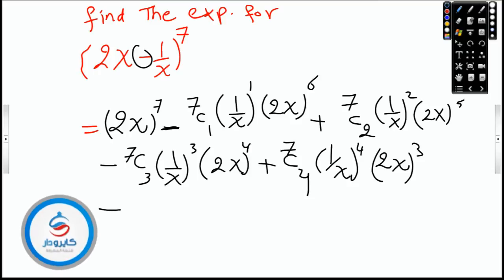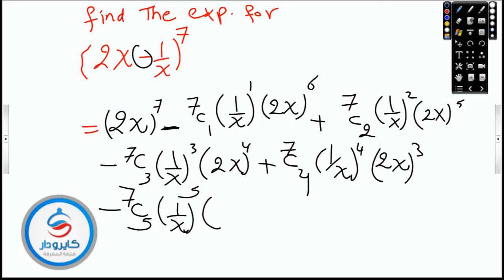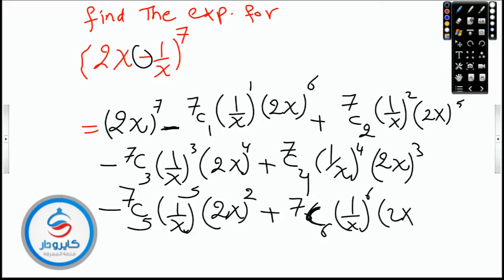Positive, the following is negative. 7c5 1 over x to the power of 5 multiply (2x) to the power of 2. Positive. 7c6 1 over x to the power of 6 and 2x. There is negative. The last term will be 1 over x to the power of 7.